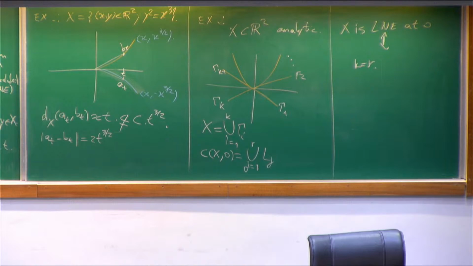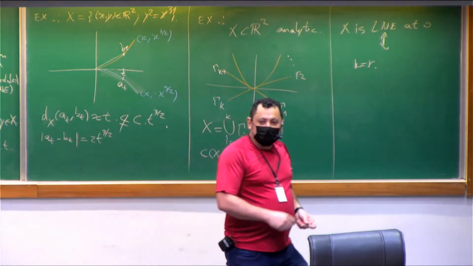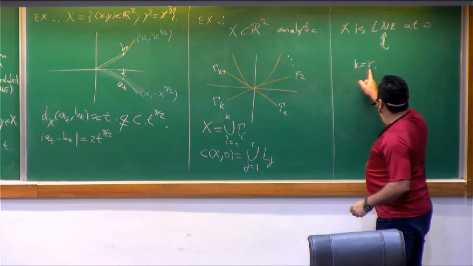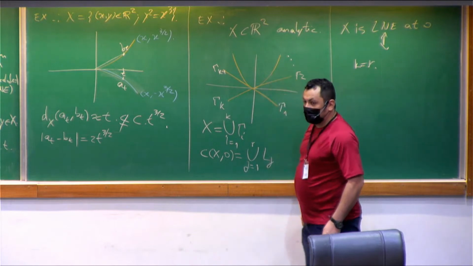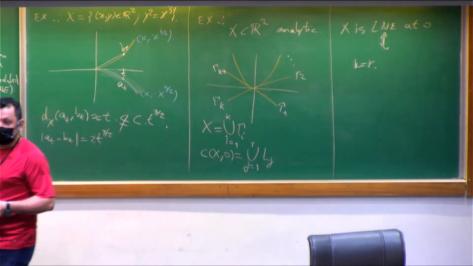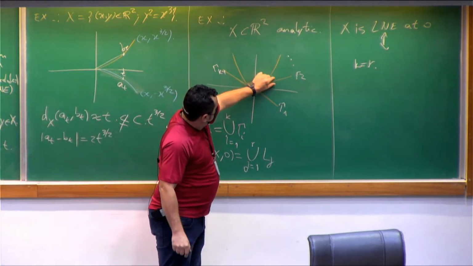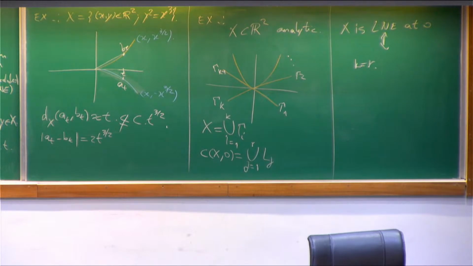And this implies, from the lecture of Alexandre Fernandes, that if you have this equality, the contact between two of them is 1. So we can put cones containing each branch such that the intersection of any two cones is only the origin. From this you can prove that X is LNE.